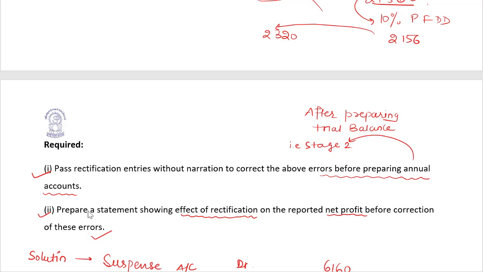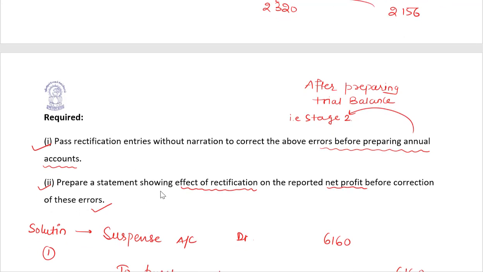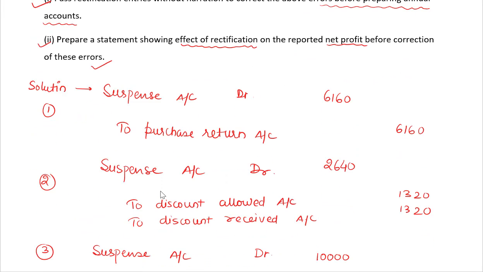Students, in this question, we also need to prepare a statement showing the effect of rectification on the reported net profit. That means we need to prepare the suspense account. Just check how many times suspense is debited.